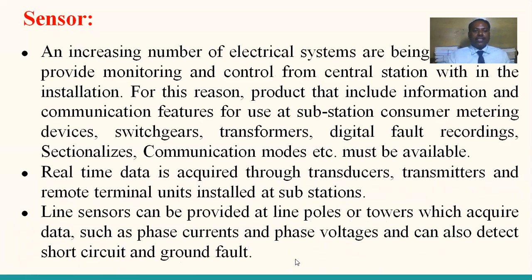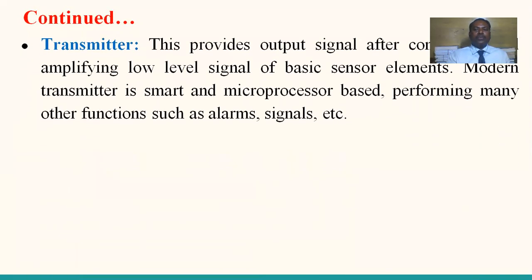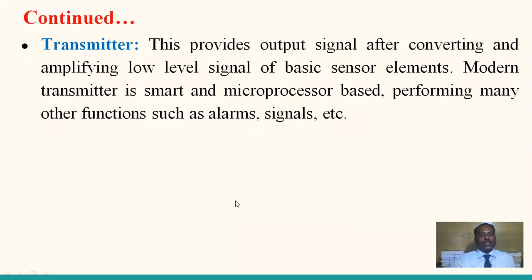All these functions are to be executed through the sensors. So let us see what are the various types of sensors which are more useful in distribution automation. The first one is the transmitter.